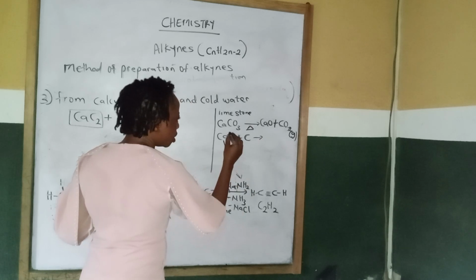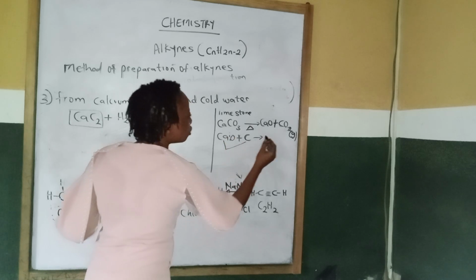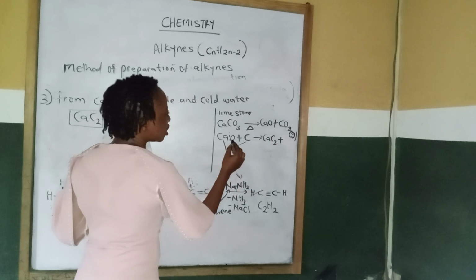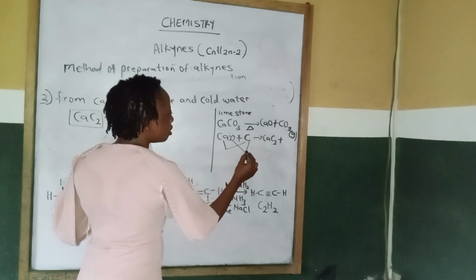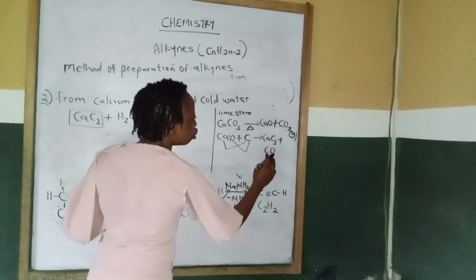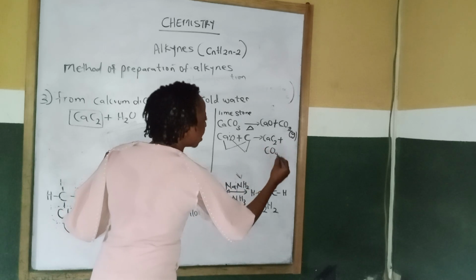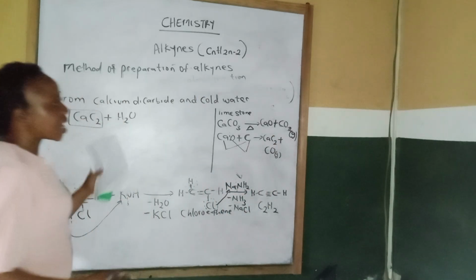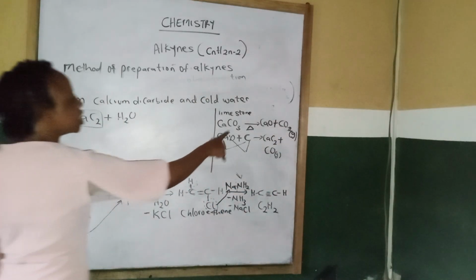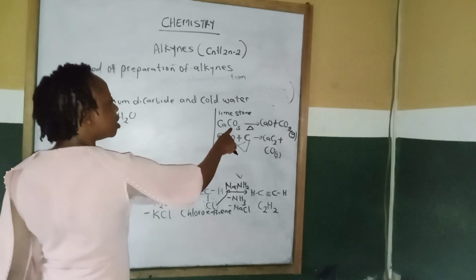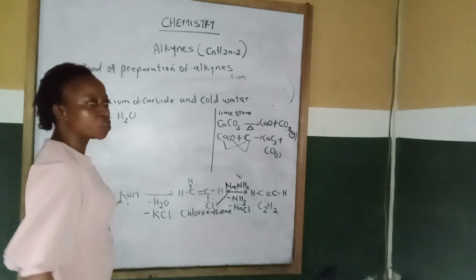That is, calcium will combine with C to give us CaC2, then oxygen will combine with carbon to give us CO, carbon monoxide. The carbon monoxide will escape in form of gas. So calcium dicarbide is produced from limestone, the original starting material.